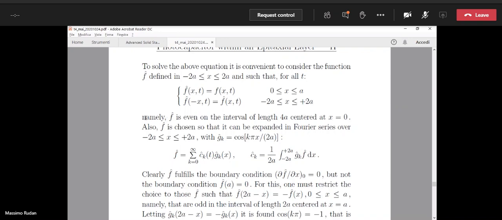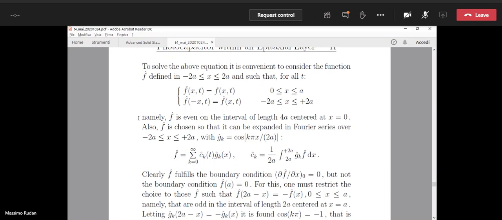Obviously, if we express in a Fourier series a function that is by construction even, we have only half of the terms, those that contain the cosine terms, and we do not have the sine terms.